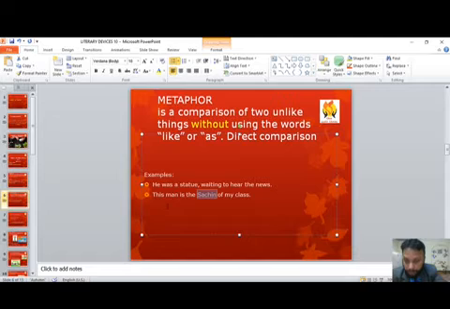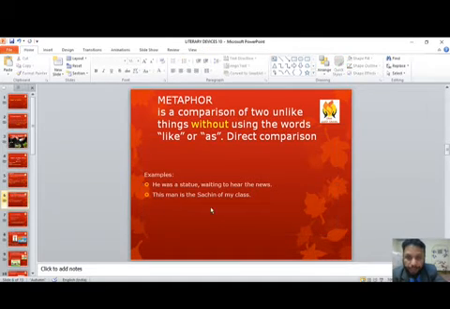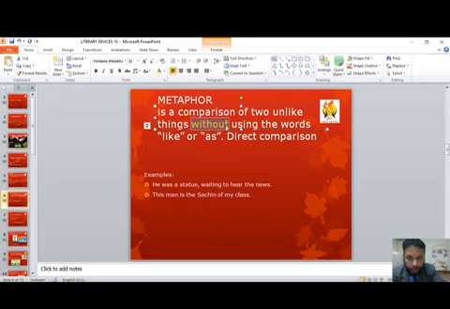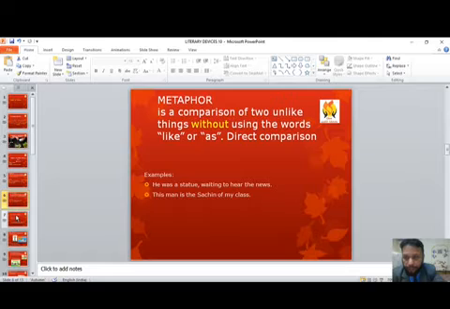His art of playing has been compared with the art of playing of Sachin Tendulkar, but this time the way of comparison is direct. We are directly calling this man the Sachin of the class. So this is also a comparison. You compare two things, but make sure that the comparison is not done with the help of like or as. It is done directly. So this is called metaphor.